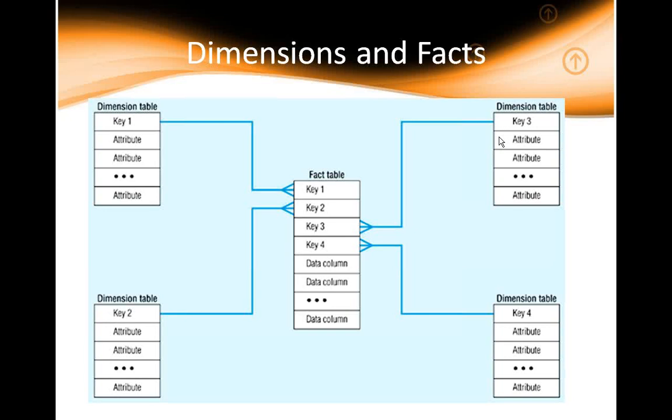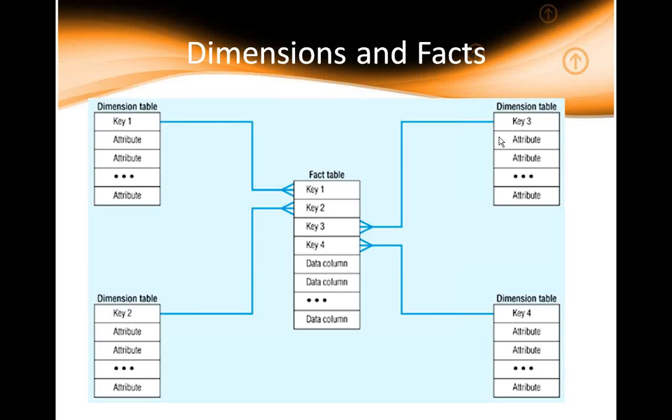Any table can be related to any other table in ER modeling, but in dimensional modeling that is not the case. Why we go for this, and the advantages of dimensional modeling, we will come to know. So this is how the structure looks: there will be a fact table, and the various dimension tables surrounding it. What is the fact table and what is the dimension table, I'll explain.